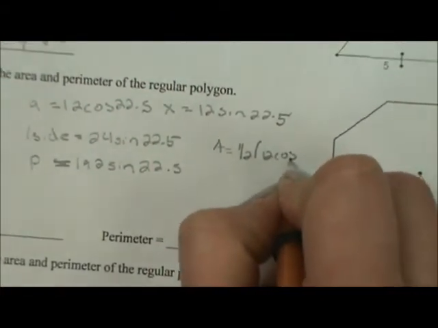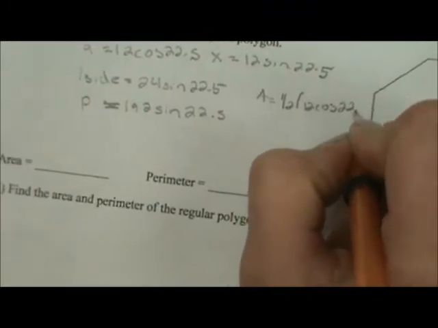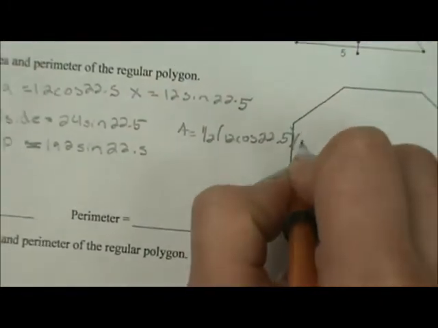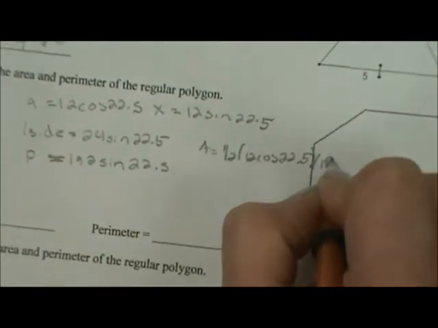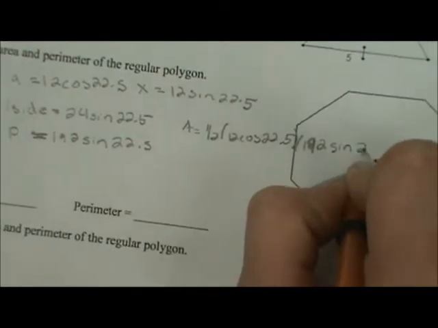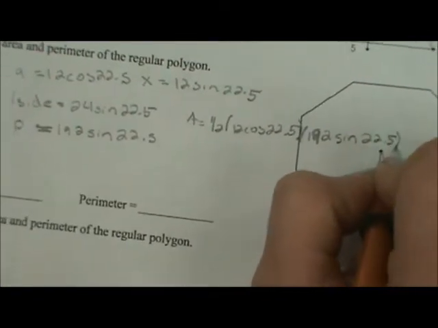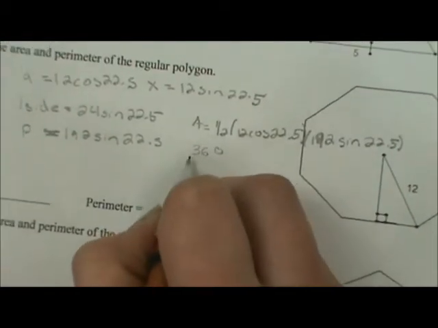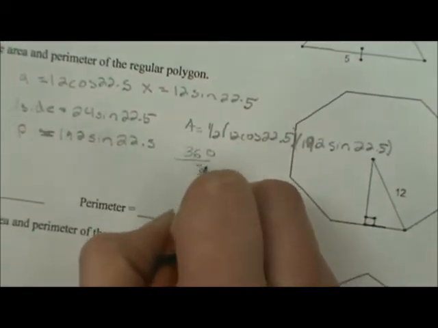And the area, to find it, we have 1/2 times 12 cosine 22.5 times 192 sine 22.5.